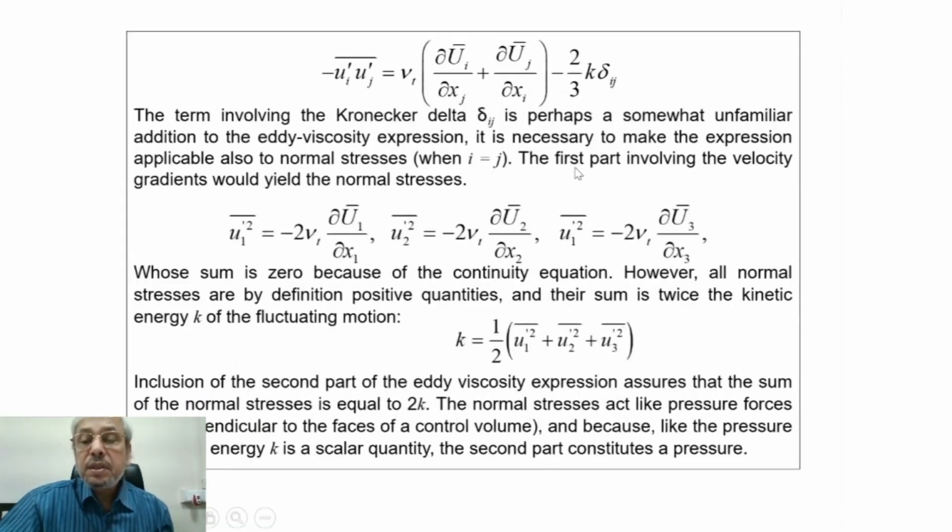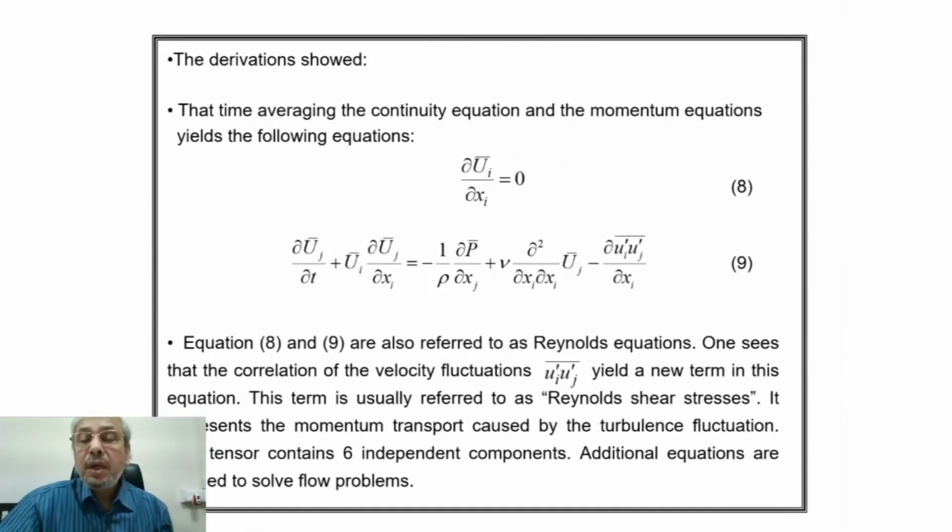So these 6 unknowns are there, plus the U average components in 3 directions and P average. So 10 unknowns, but available equations are 4. So there is a problem. It is called the closure problem.